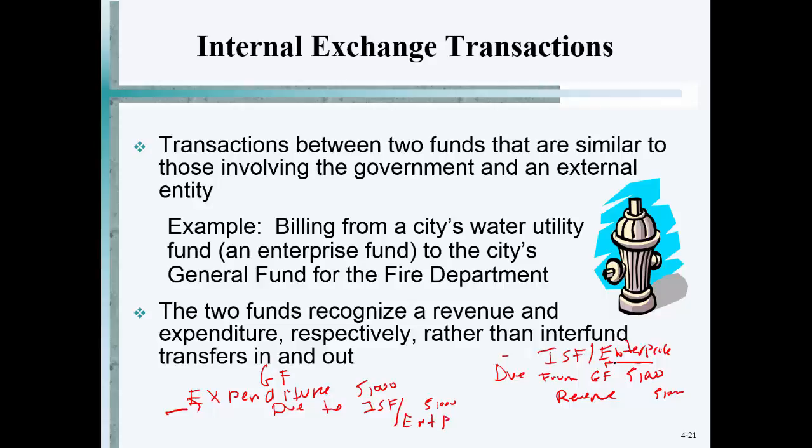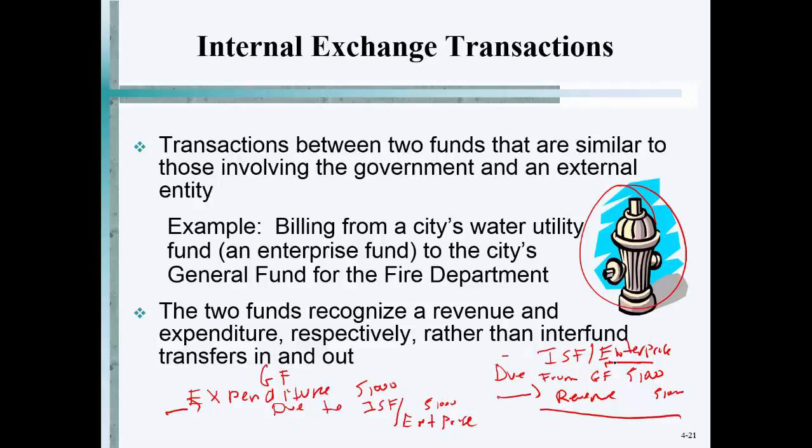Why does the city need to use water? Fire hydrant. Let's hope they don't have to use too much water for that purpose. But if there's a fire, they've got to put it out. They pay the enterprise fund for that, don't they? For the general fund, it's an expenditure. For the enterprise fund, it is a revenue, isn't it?